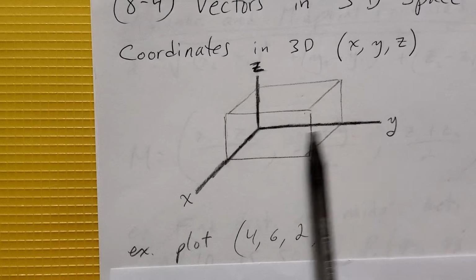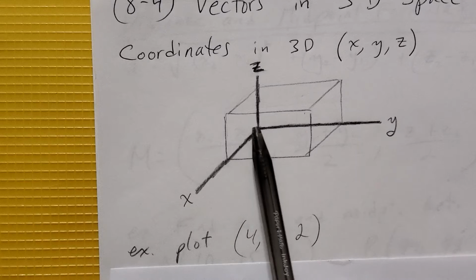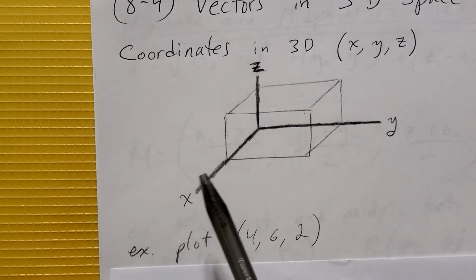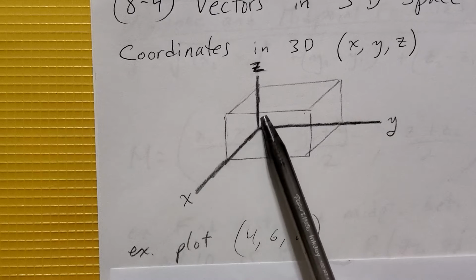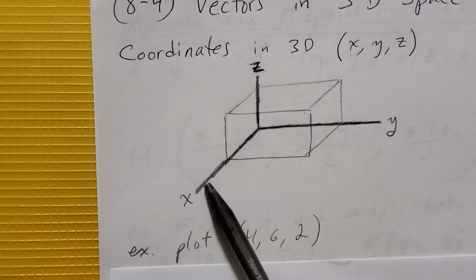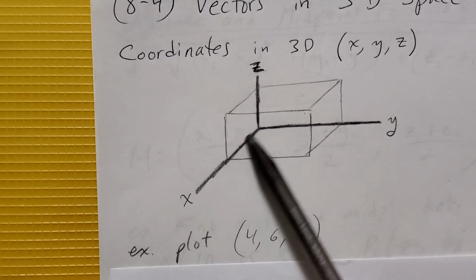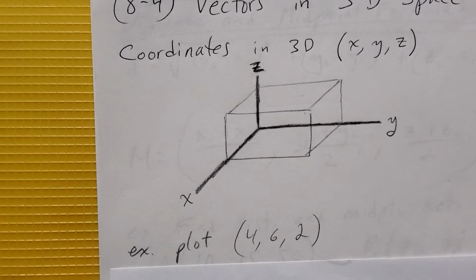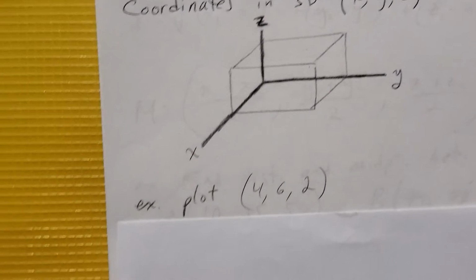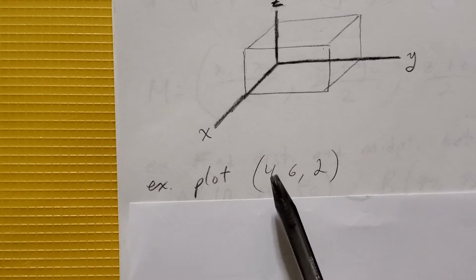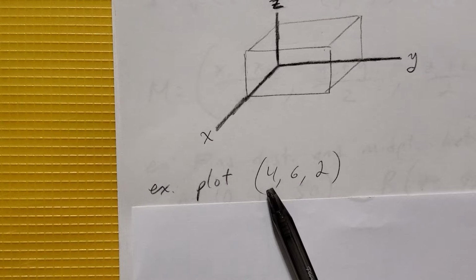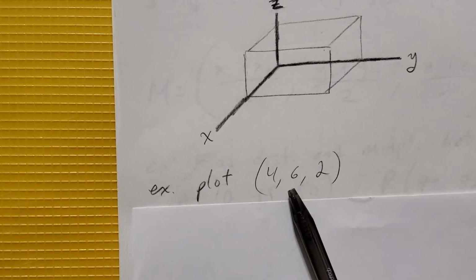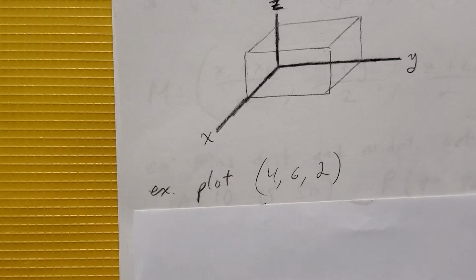For the y number, right is positive, left is negative. For the x number, the in and out, forwards, towards you, is positive. Away from you would be negative. So this is all positive. So 4 towards you, 6 to the right, and then 2 up.